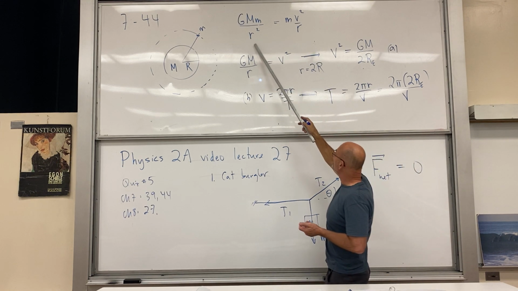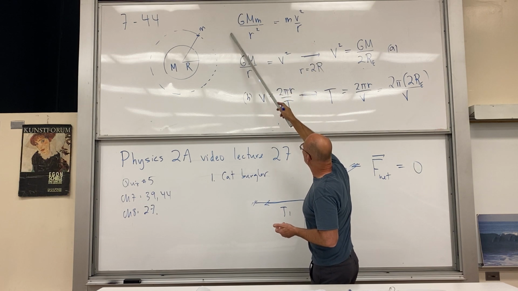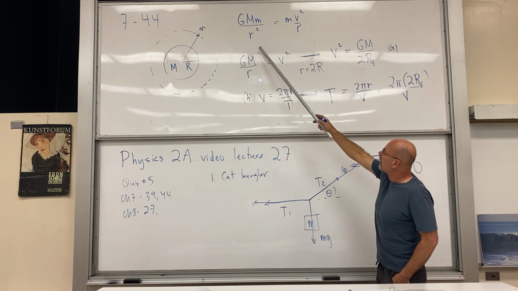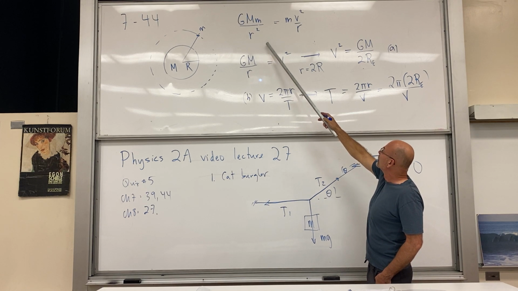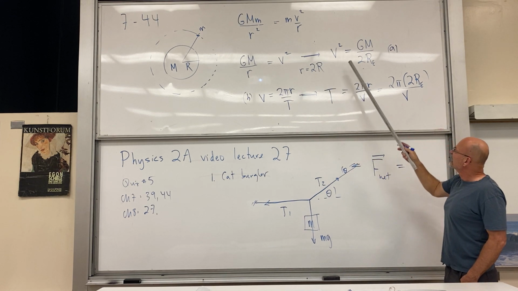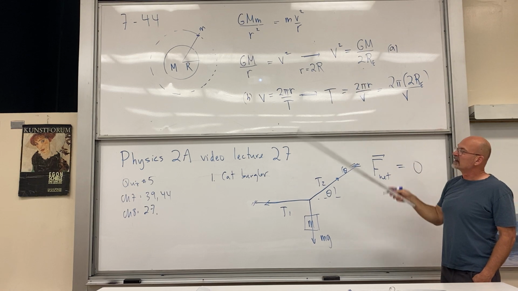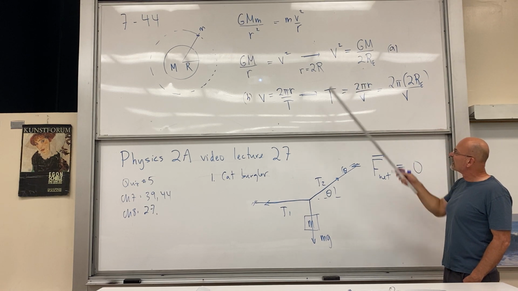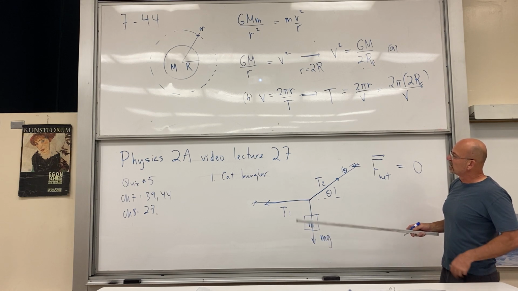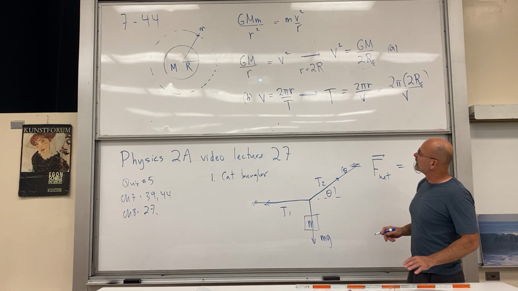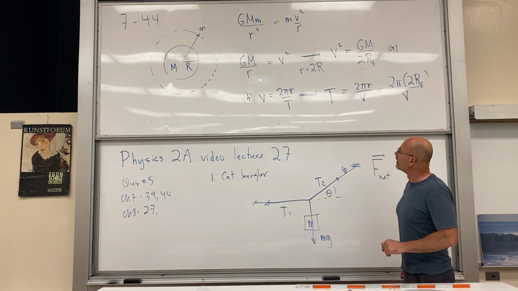So if you evaluate this expression here with r being equal to 2 Earth radii and v as given right here, then you'll have the force, mass times acceleration. Good. So that is just a good circular orbit problem.